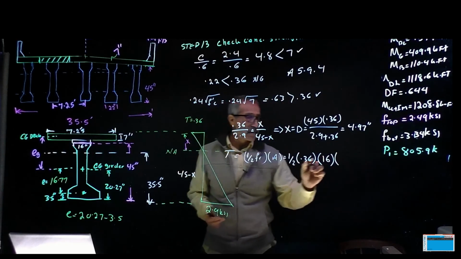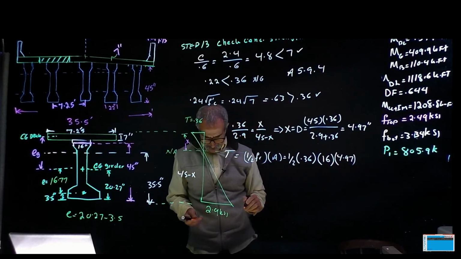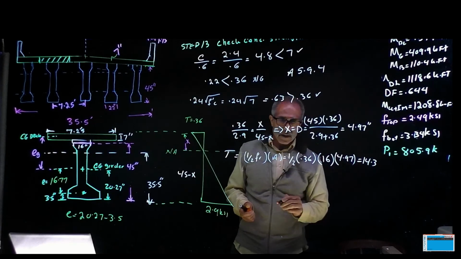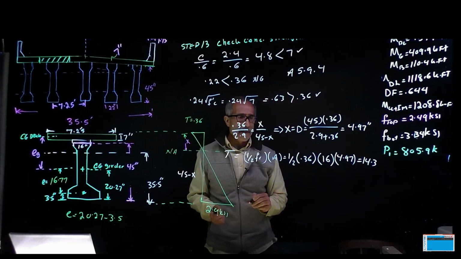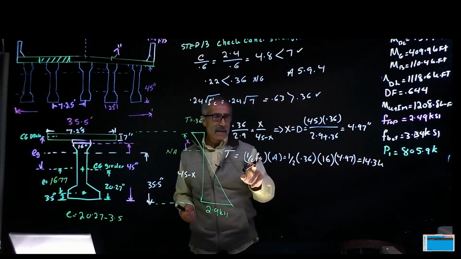We just calculate that, and that will give us 14.3 kips. Because this is a KSI, that's a kip.